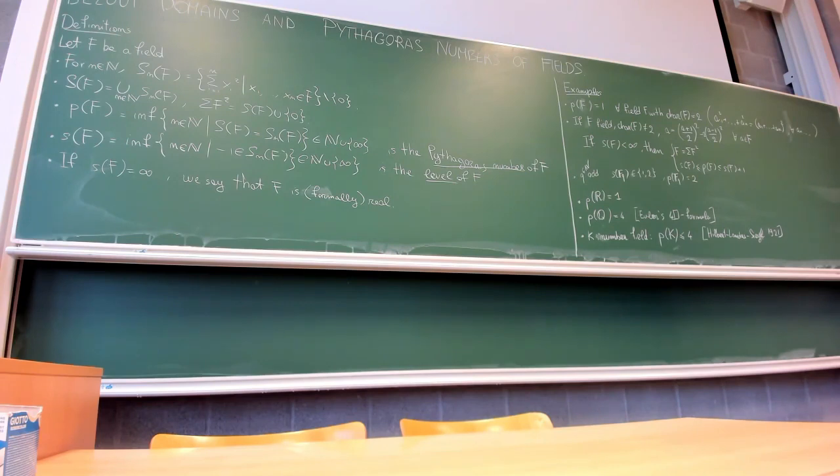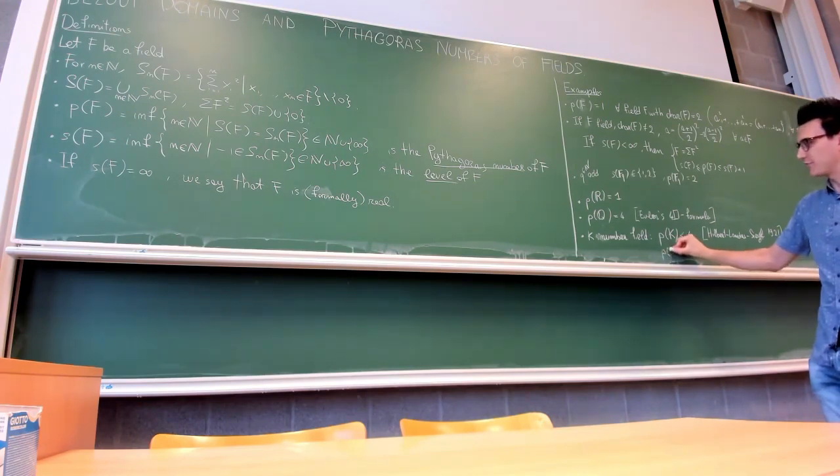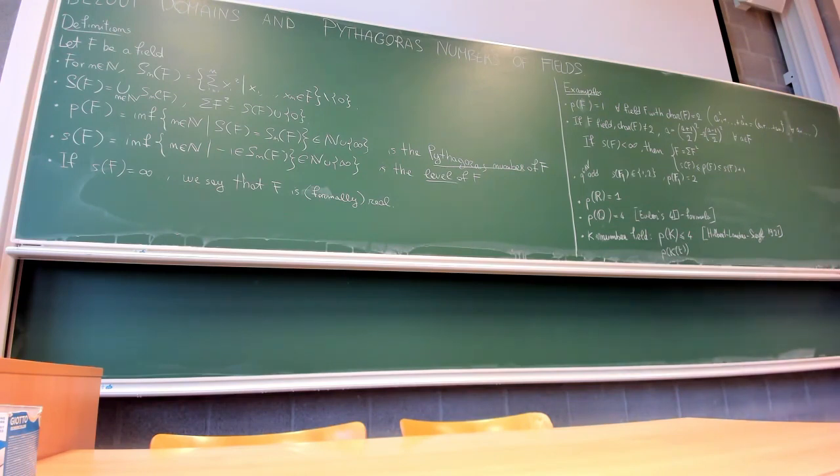So the next question might be, what happens if I add a variable? So I take the fraction field of polynomials over Q. Landau already in the beginning of the 20th century showed that it was at most 8, but they strongly suspected it was much lower, and in fact it is at most 5.